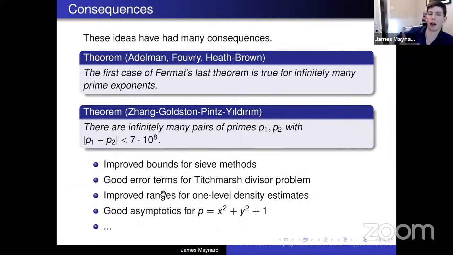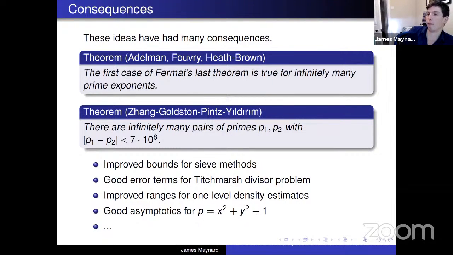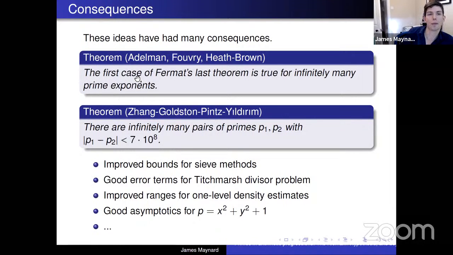So these underlying ideas of being able to go beyond the square root of x barrier have lots of different applications in lots of different problems, both within analytic number theory, but also outside to questions like Fermat's last theorem. Of course, this result was made somewhat redundant when Andrew Wiles completed the full proof of Fermat's last theorem.